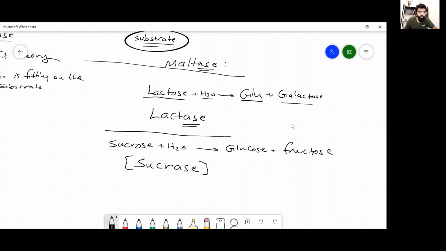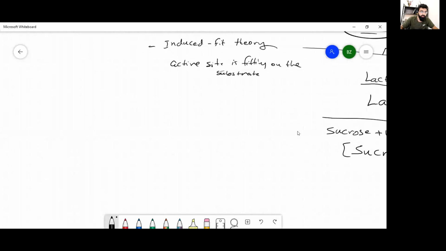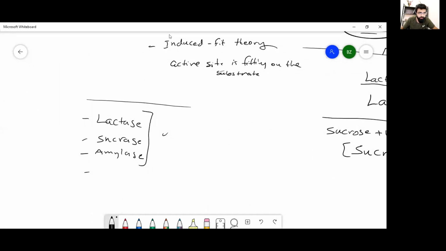So here we have different examples like lactase, like saccharase, amylase. These are different enzymes. In general, next time, inshallah, we'll give you more examples. Don't worry, okay, Baroudi?